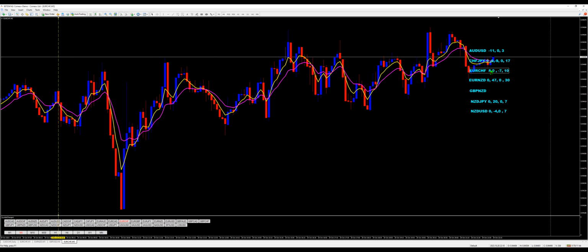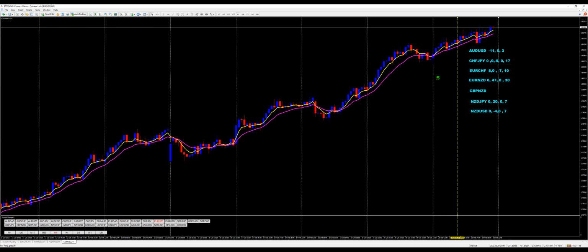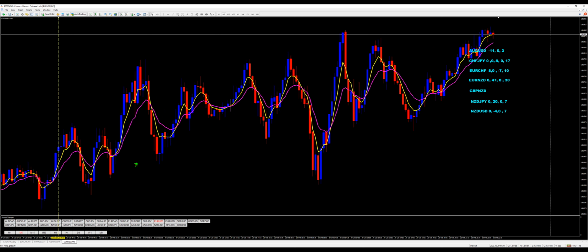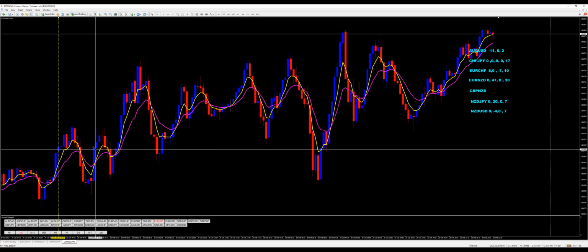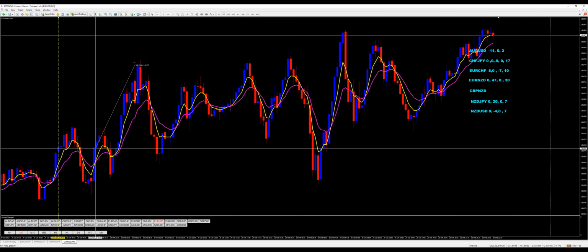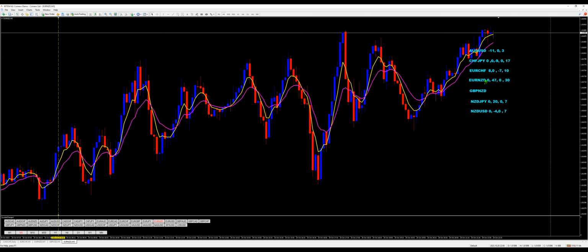Euro NZD. Going long. 5 minute. Need a fresh cross, which happens here. Goes for 20, 30 pips.